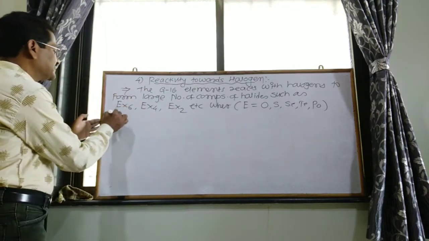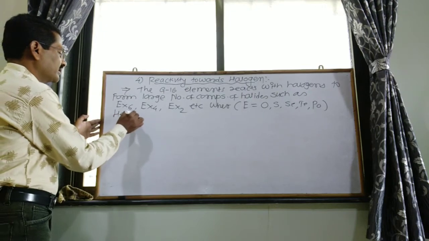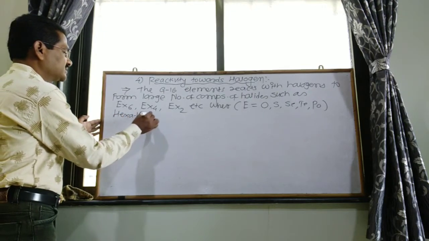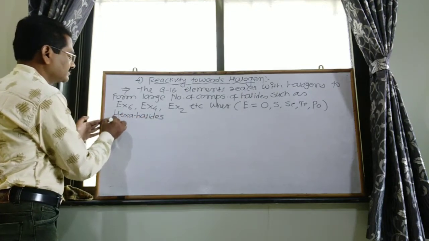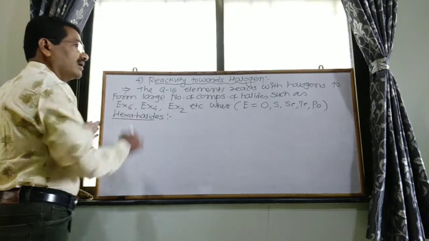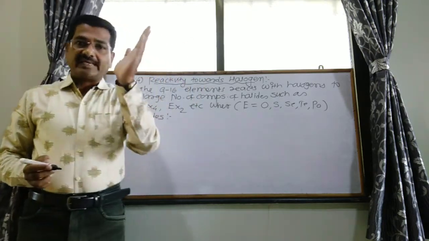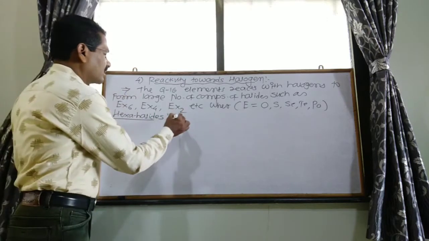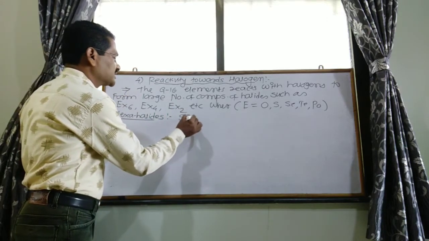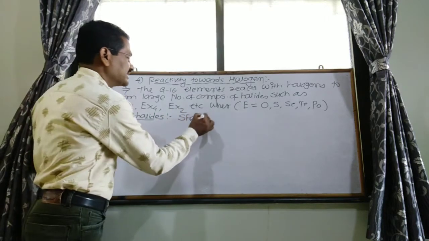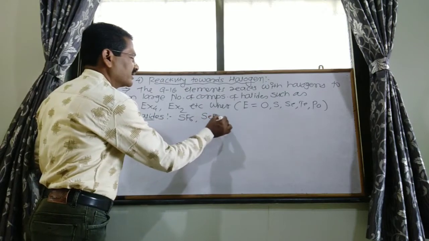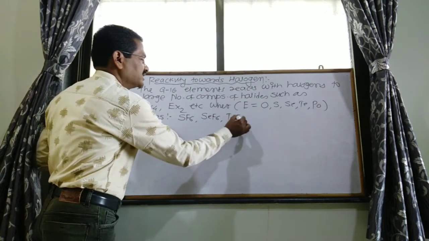First are the hexahalides. Examples: SF6, SeF6, TeF6.